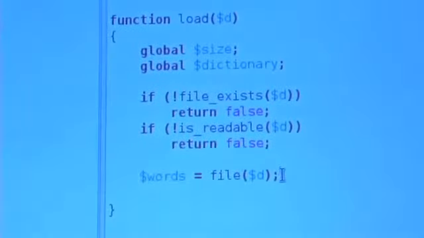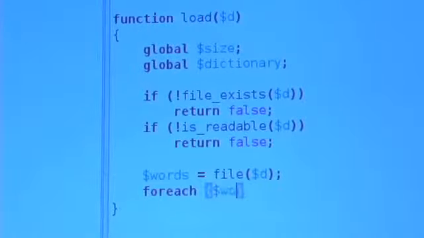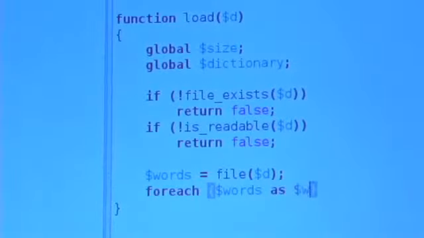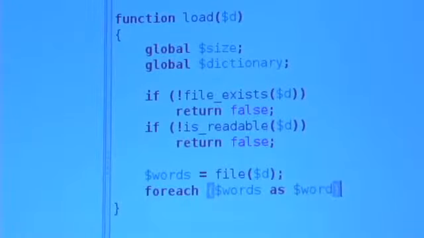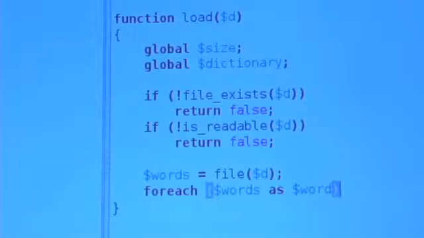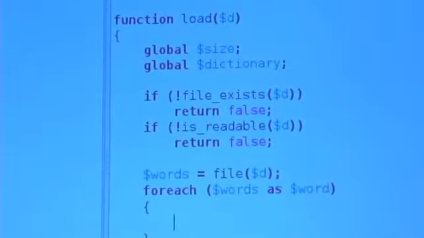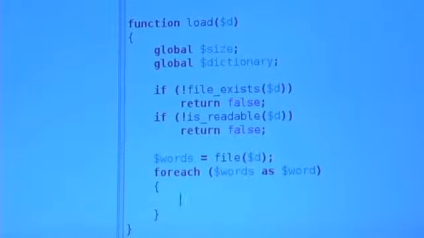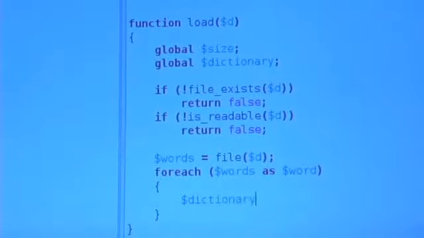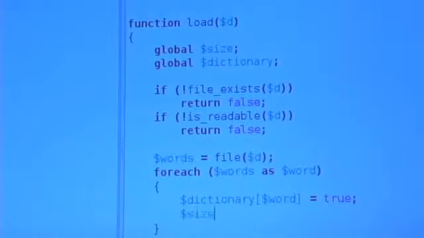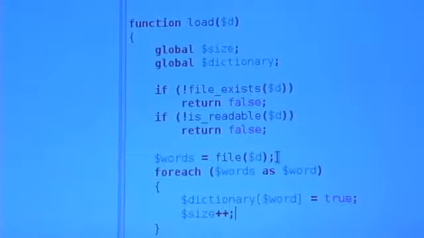Now what I want to do is something like this: for each of those words as, let's call it, word. This is the construct that's like a for loop, but it's going to do all the auto incrementation for me. So for each of those words in the array as a word, I'm going to do this: dictionary, word, gets true. Size plus plus. Done with my load function.